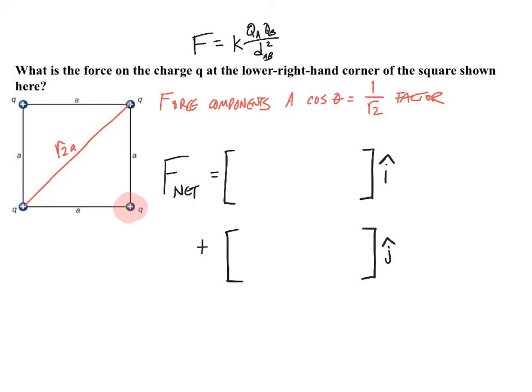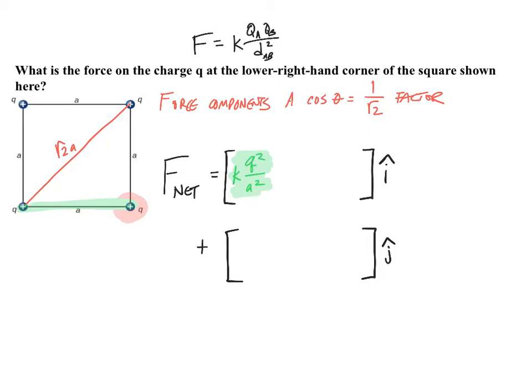So here, along the X direction, I've got just Q squared over A squared. That's applying Coulomb's law just to this one here. I'll use my colors here. I just drew in what applies there.